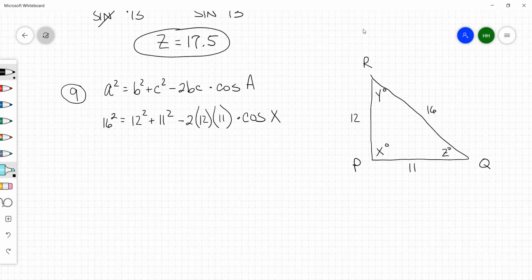So now let's get all our calculations done. We got 16 squared, that's 256. So 256 equals 12 squared plus 11 squared. That's 265. Minus 2 times 12 times 11.